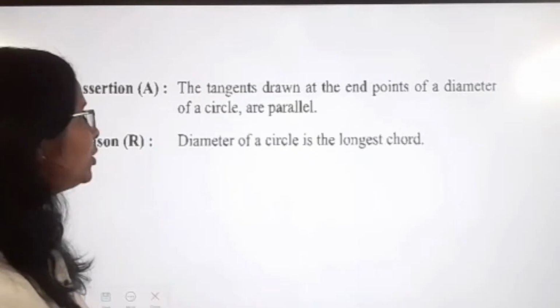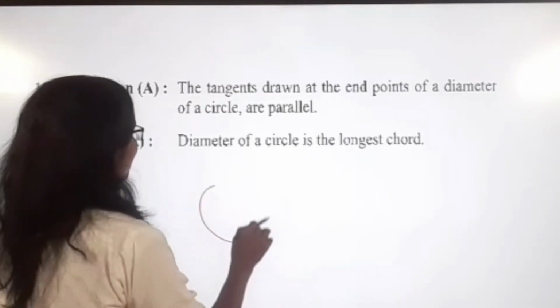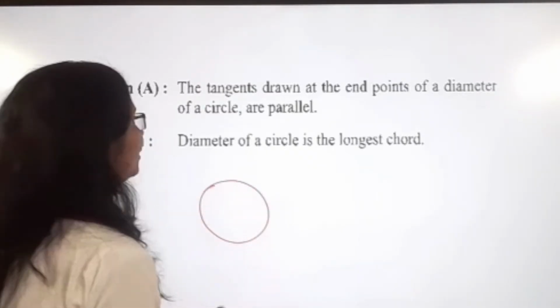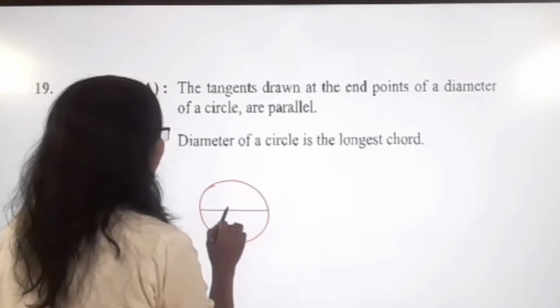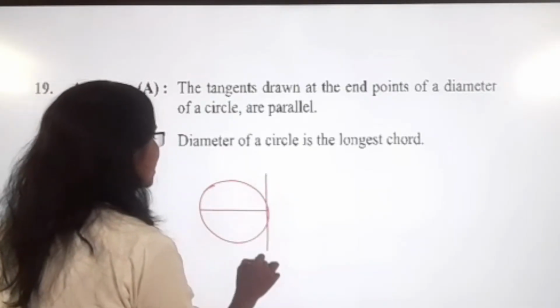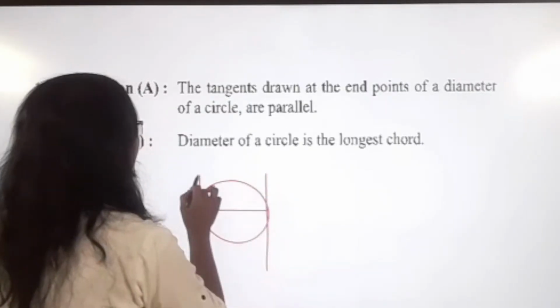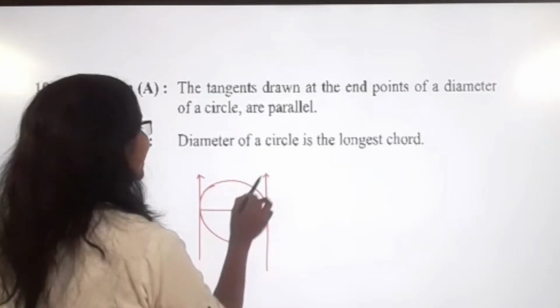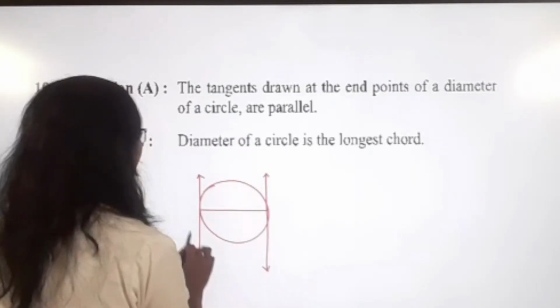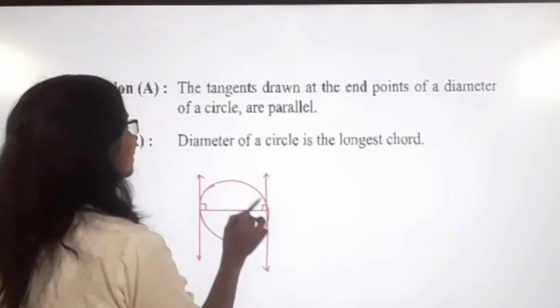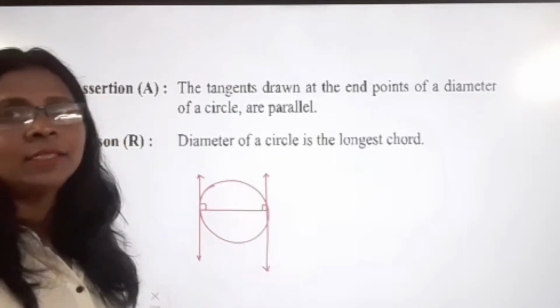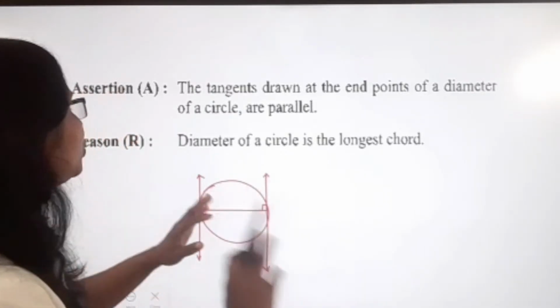So here there is a circle having a diameter and its end points. If you draw the tangents at the end points, then these tangents are parallel to each other.